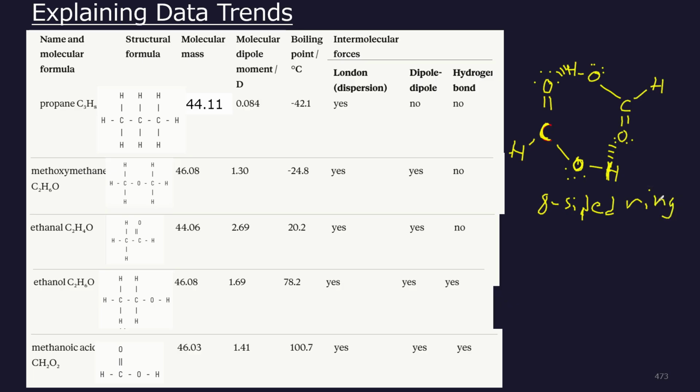So an 8-sided ring is fairly stable, but if you were to try to do this with ethanol, you could imagine a structure where it happens, but you have to ask, is it going to happen like that?